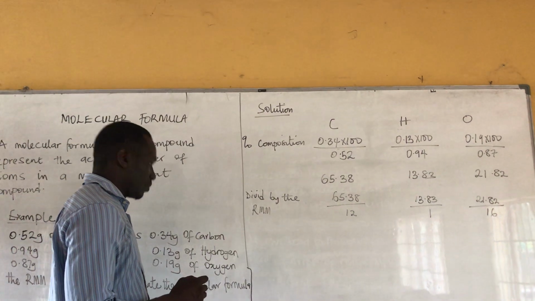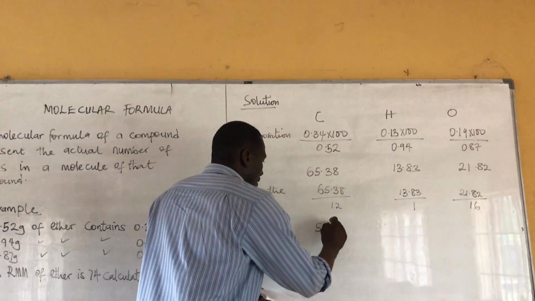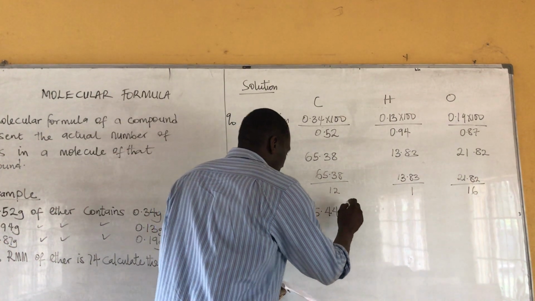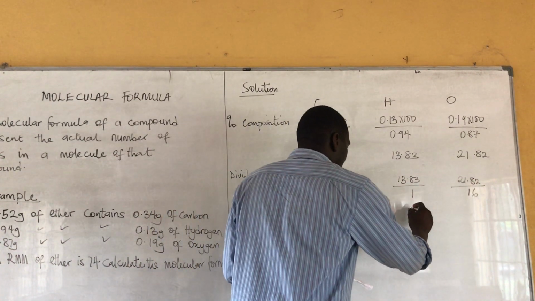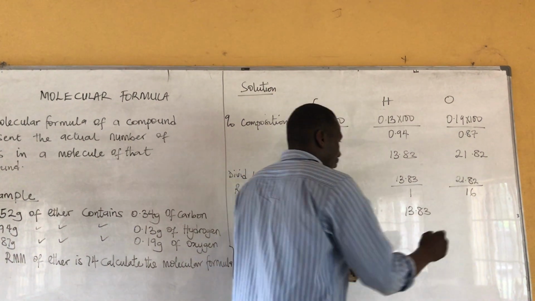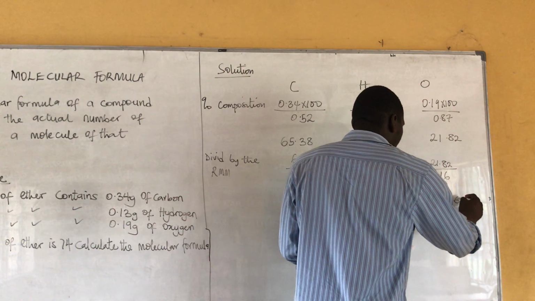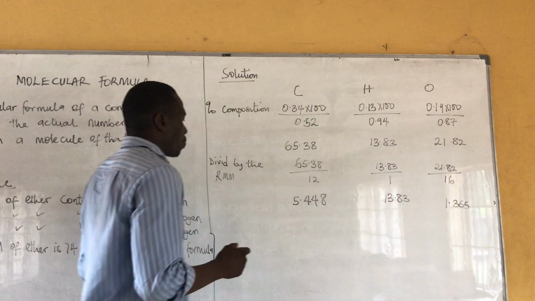Let's get our values. This gives us 5.448, 13.83, and 1.365.